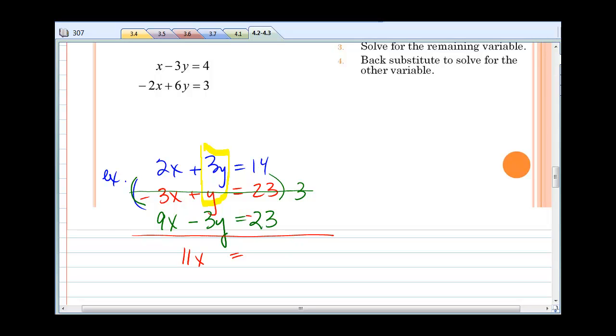And, oops, this should be a negative 69, it shouldn't be negative 23. When I add 14 and negative 69, I get negative 55.